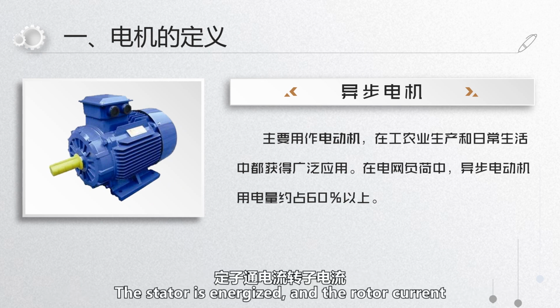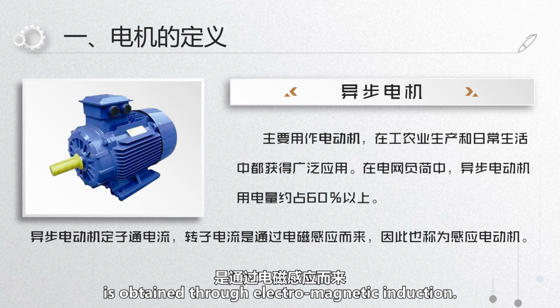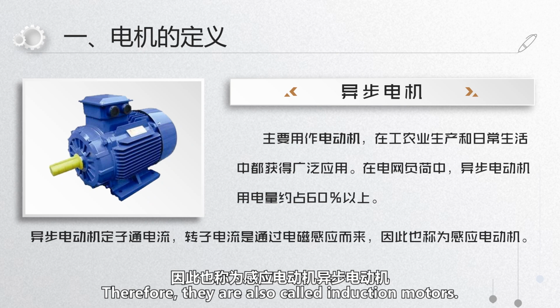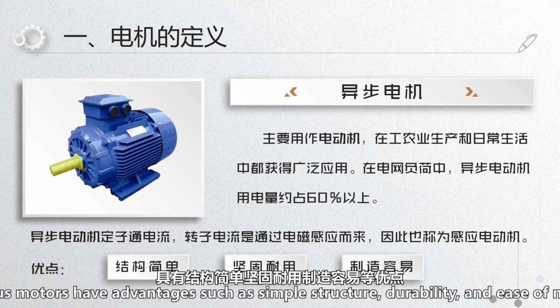The stator is energized and the rotor current is obtained through electromagnetic induction. Therefore, they are also called induction motors. Compared with other motors, an asynchronous motor has advantages such as simple structure, durability, and ease of manufacture.